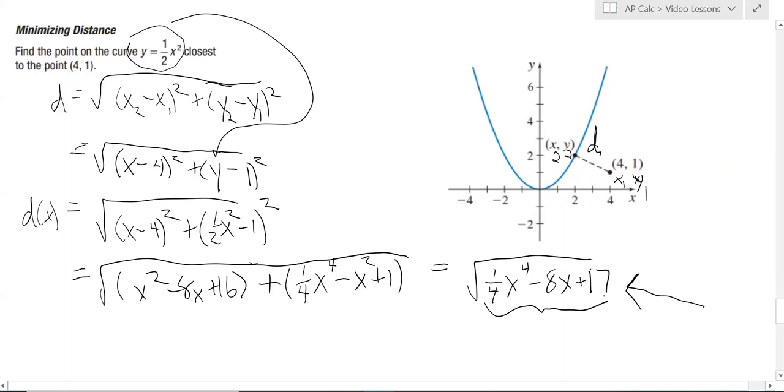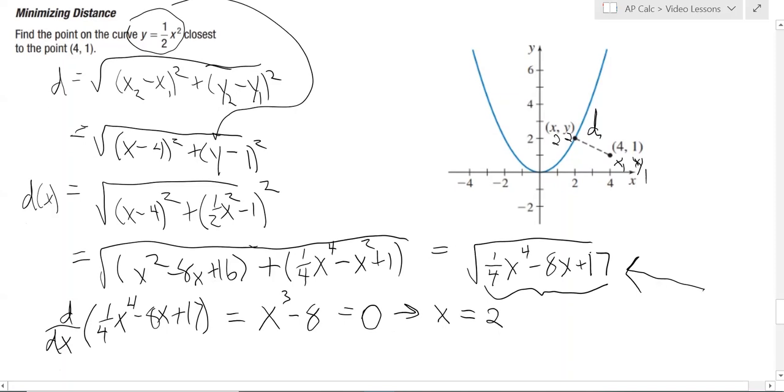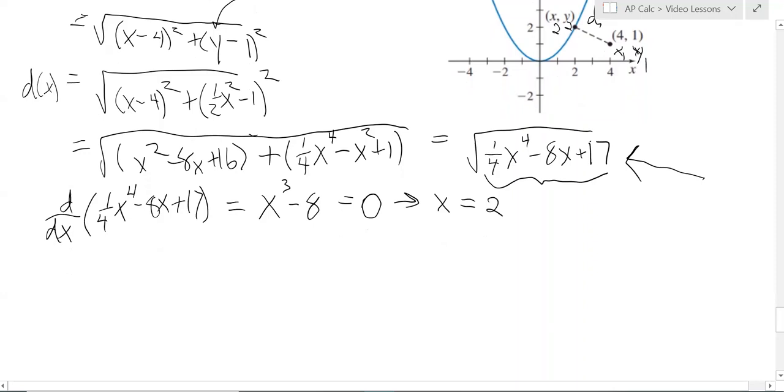So we're going to differentiate that with respect to x. The 1/4 x to the 4th minus 8x plus 17: the derivative of that is x cubed minus 8. Set that equal to 0, and we get the only critical number of x equals 2. You wouldn't have plus or minus 2 because it's a cube root, not a square root.